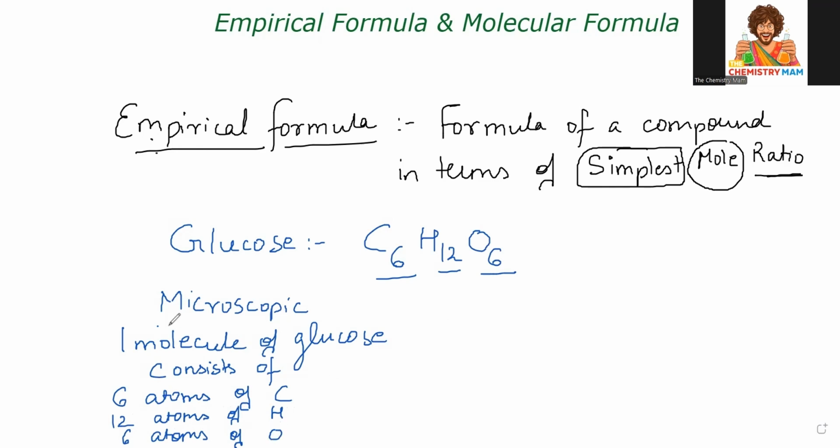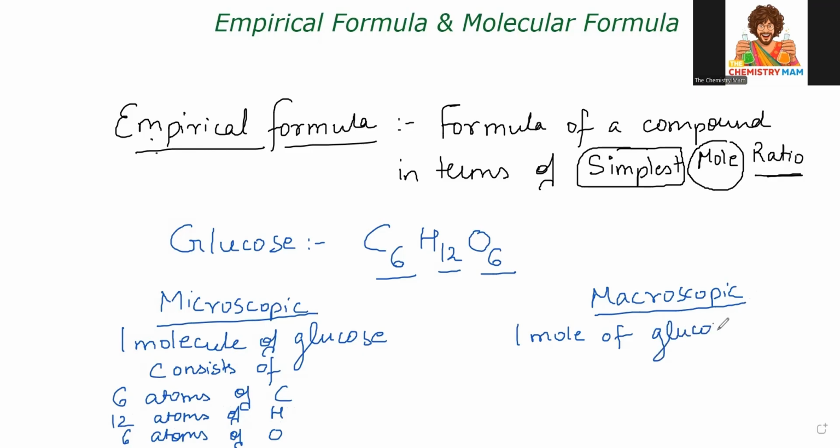And if I read this molecule at macroscopic level, so for that I need to take the molecule in bulk, and bulk in chemistry means mole. So if I take 1 mole of glucose molecule, so it will consist of, now since everything has come in moles, it will have 6 mole of carbon atoms.